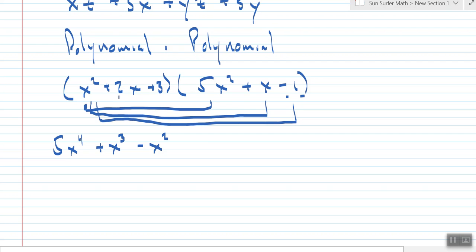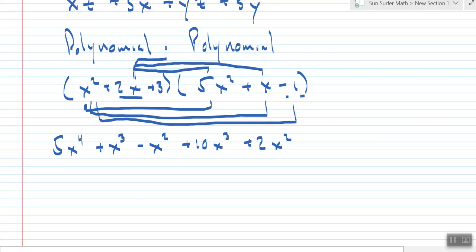Then going to the second term, 2x, I'm going to do that above here. 2x times the 5x is 10x cubed. 2x times x will be 2x squared. And then 2x times the minus 1 would be minus 2x.